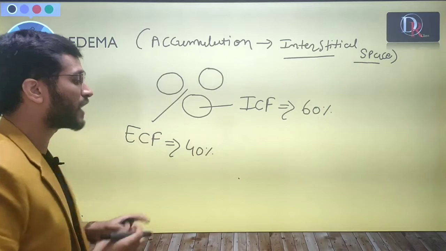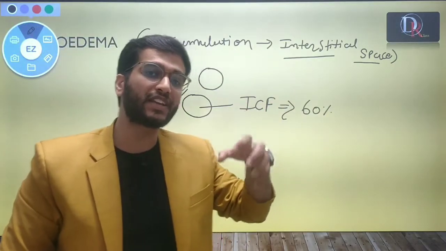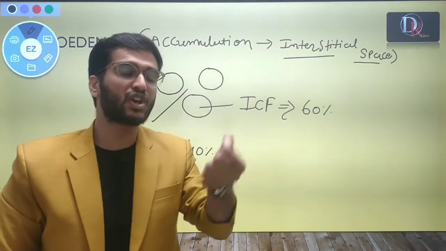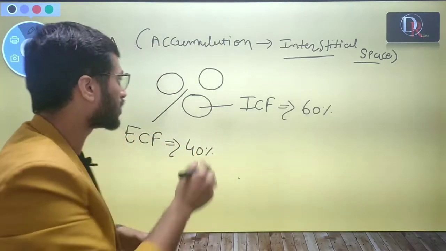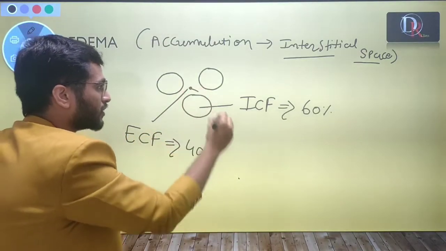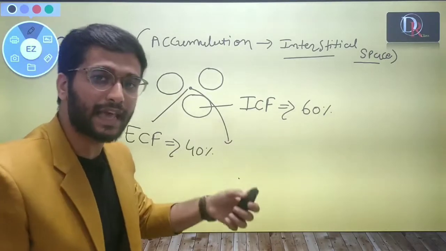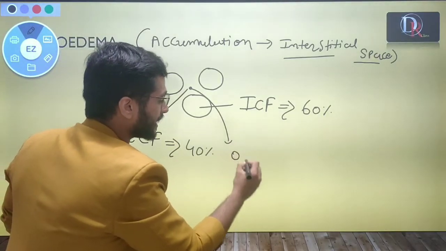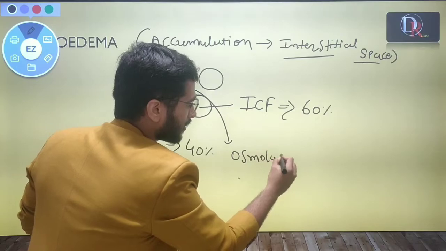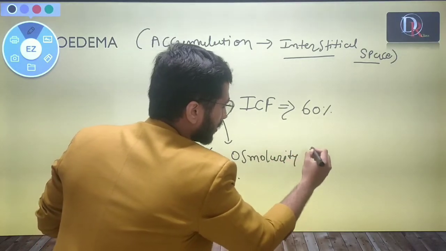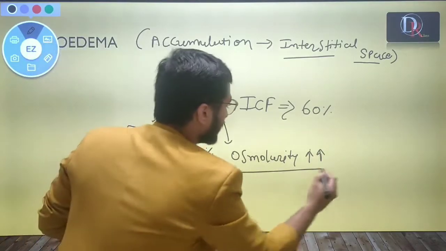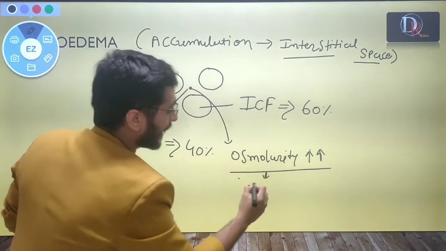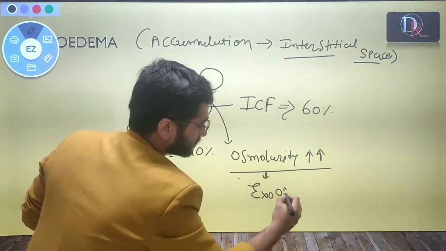But if due to the penetration of any physiological, physical, chemical or biological substance, okay, if due to the presence of an external agent, the osmolarity increases, this kind of situation will lead to exoosmosis.